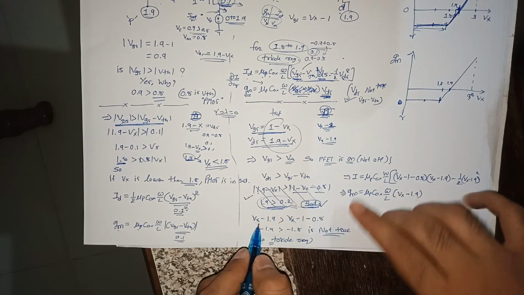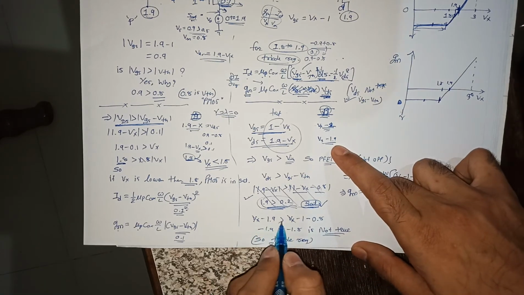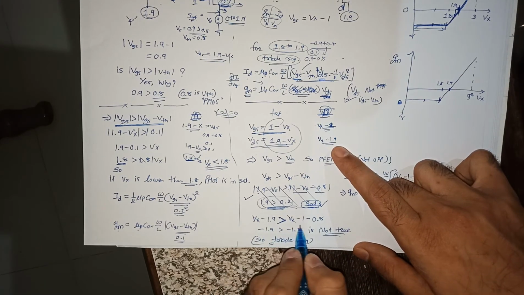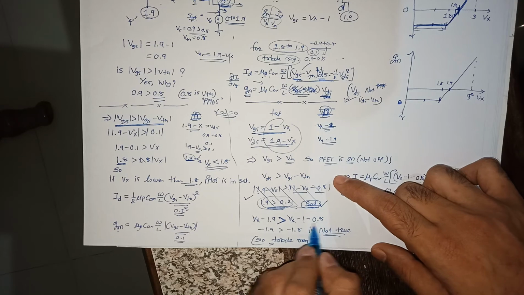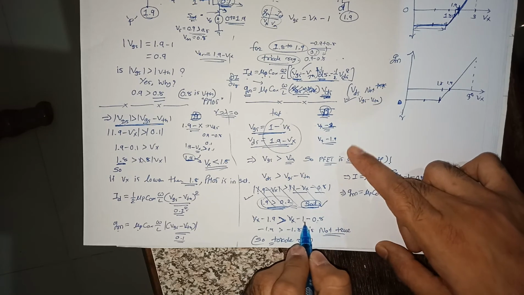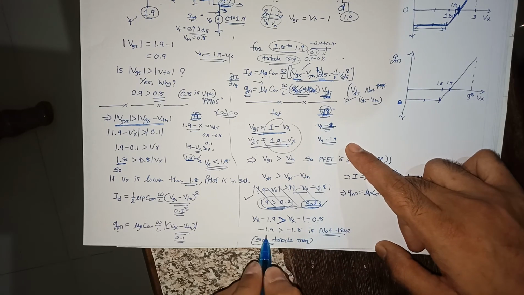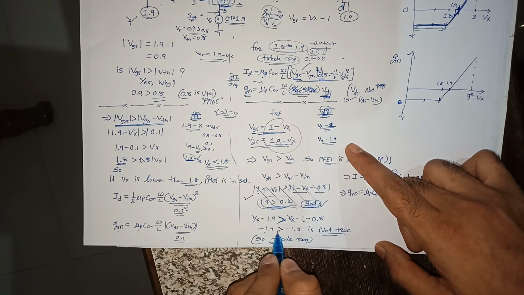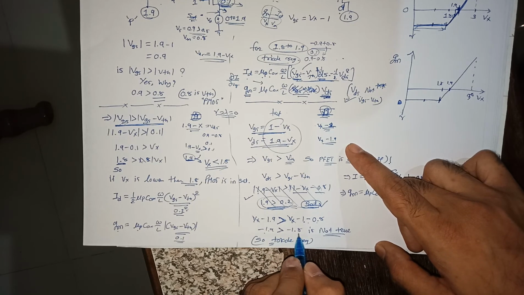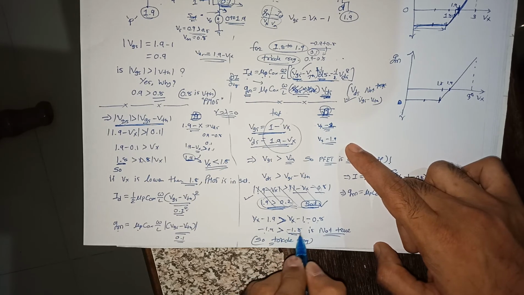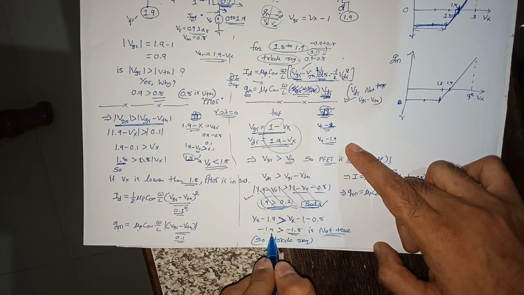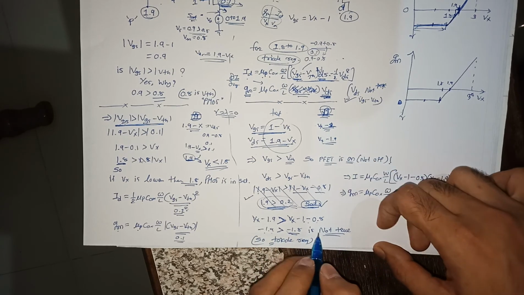Instead follow this: Vx minus 1.9 is greater than Vgs minus Vth. So Vx minus 1 minus 0.8, so minus 1.9 is greater than minus 1.8. Is that true? No. Minus 1.8 is greater than minus 1.9 because of the minus sign.